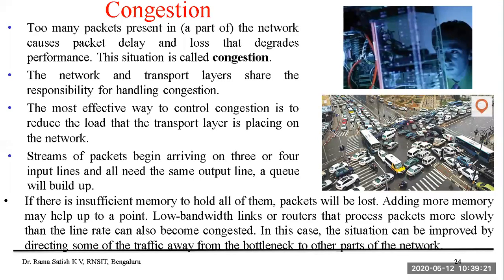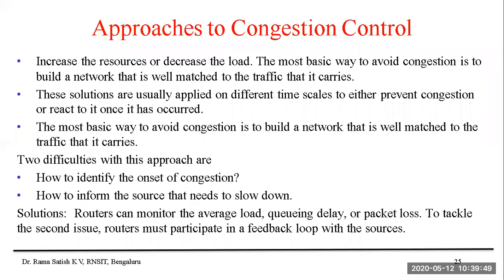In this case, the situation can be improved by directing some of the traffic to other parallel routes. For this, the routers need to be intelligent enough to detect congestion. And if congestion is happening, it has to automatically redirect to some other direction.